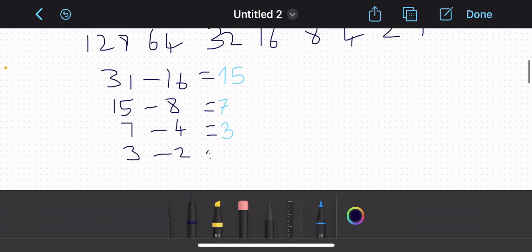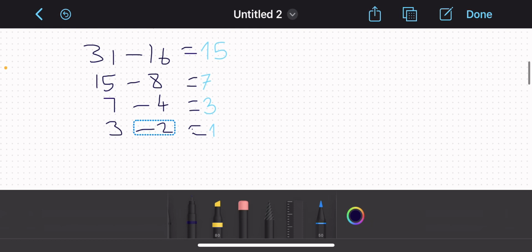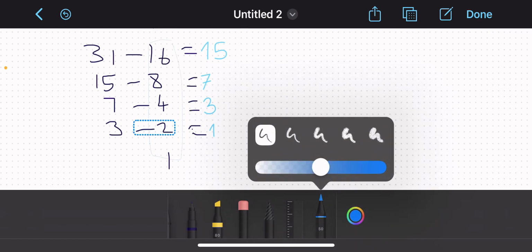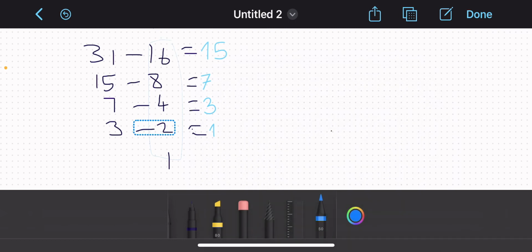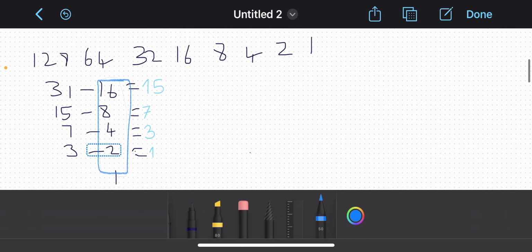And then we have 3 minus 2, which equals 1. And then we write our 1. Then these will be our numbers.